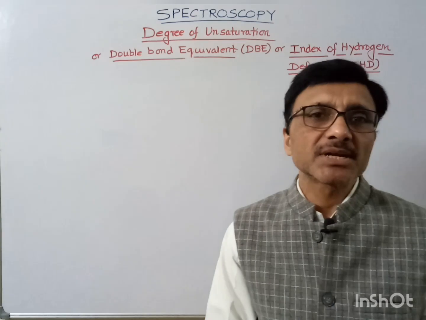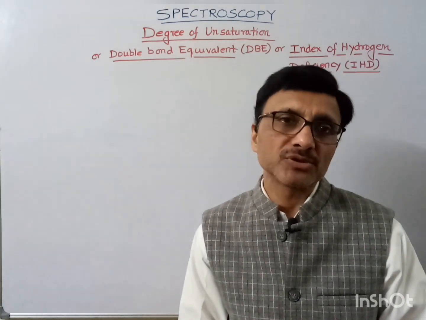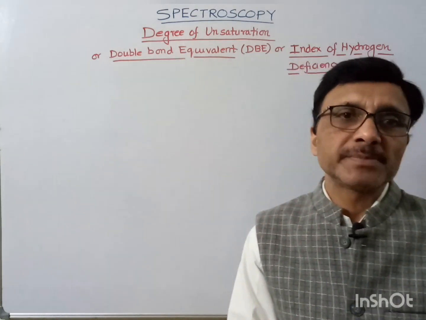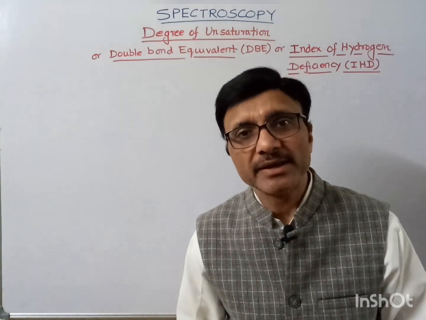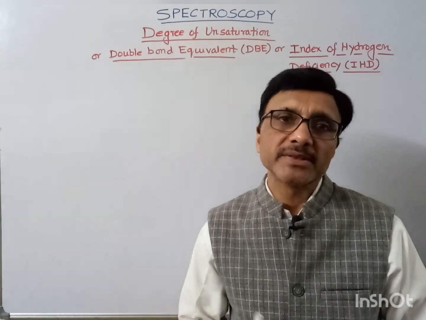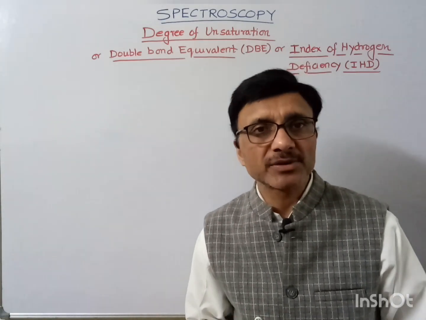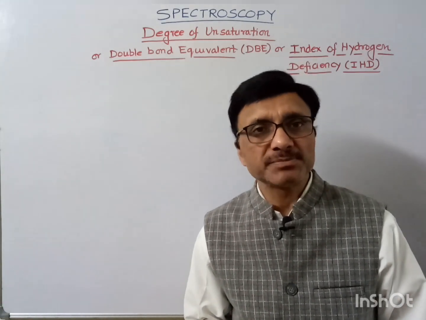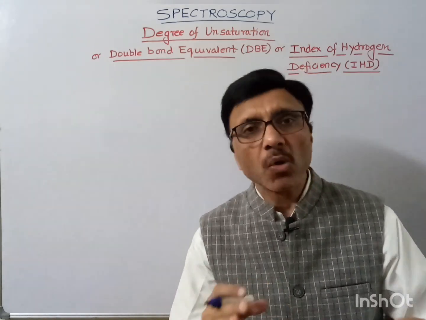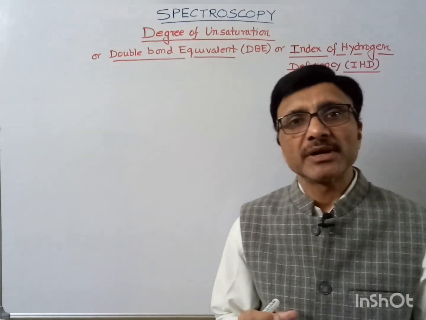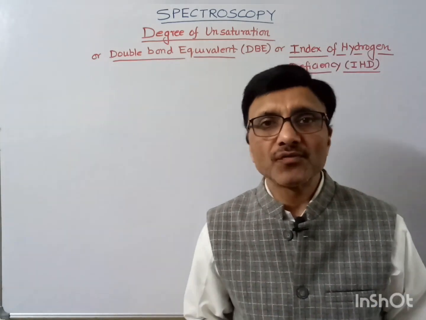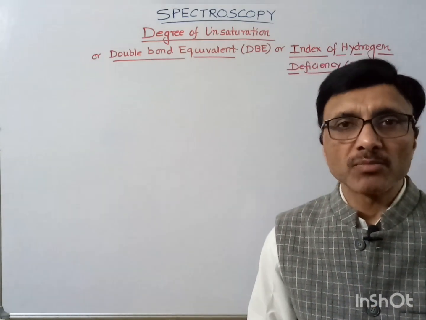In my today's lecture, I will start the topic spectroscopy, and in spectroscopy we will see various spectroscopic techniques like UV visible spectroscopy, then NMR spectroscopy, IR spectroscopy, and mass spectrometry. So all these spectroscopic techniques give us information about the structure of any unknown molecule.